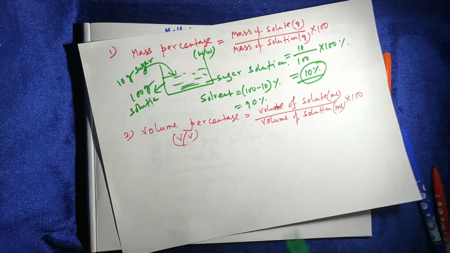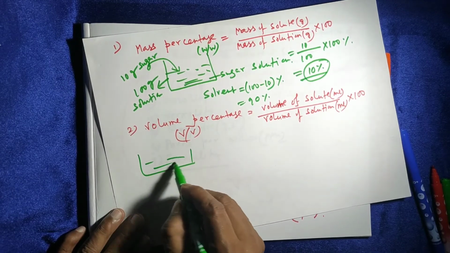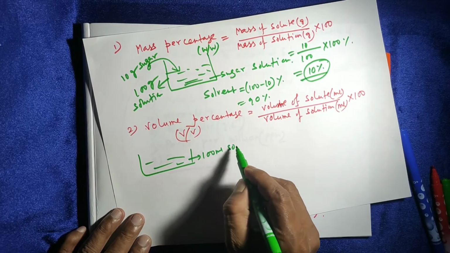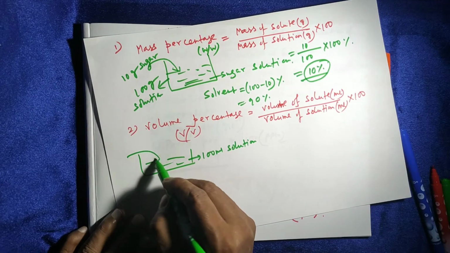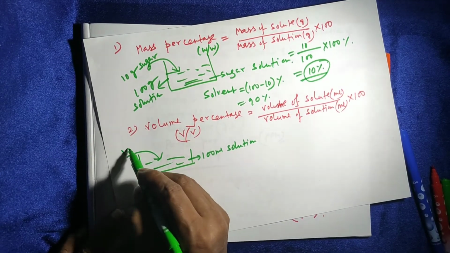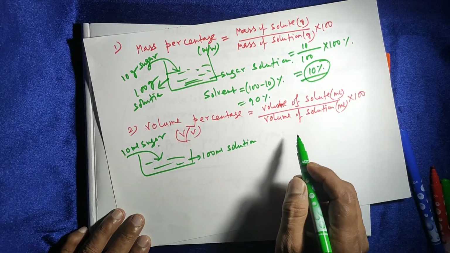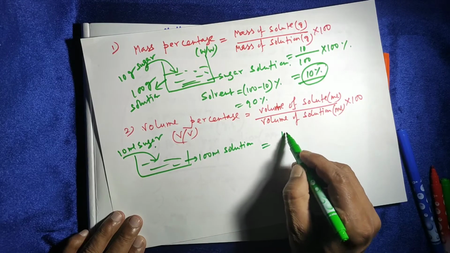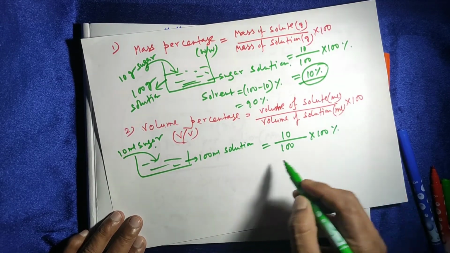Now I am giving an example. Say this is a 100 ml solution, also a sugar solution, and here 10 ml sugar is in this solution. If I put the value here, it will be 10 by 100 into 100%.